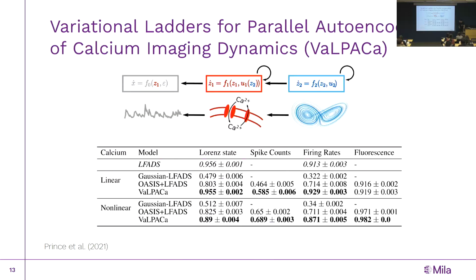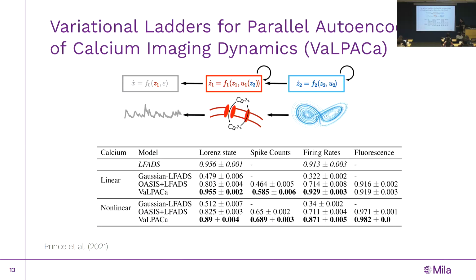So here we did some analysis on synthetic data. We generated data using a Lorenz chaotic attractor. We ran that through a model of calcium dynamics. Then we added some noise to it to get out a fake calcium signal.